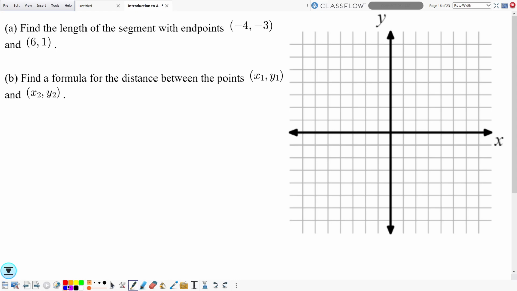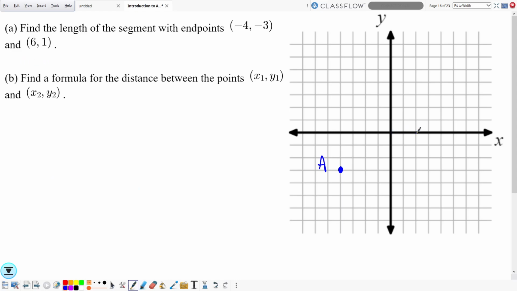So, all right, let's graph those. We got -4, then down 1, 2, 3. All right, there's our point there, and I can call this point A. Okay, and then the second point is 6, 1.